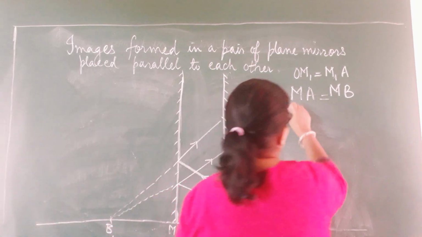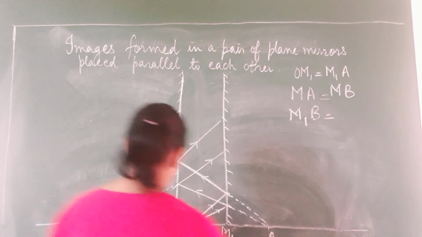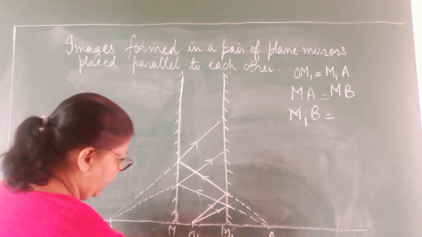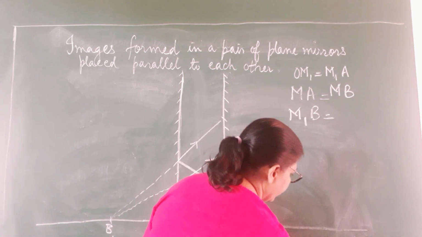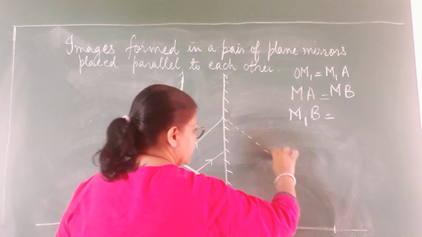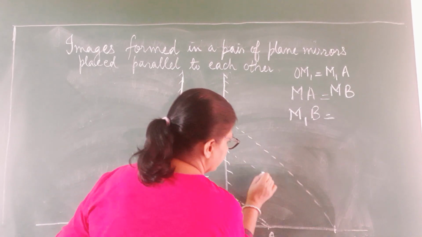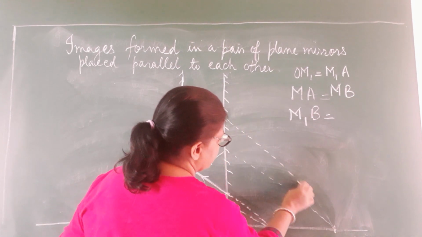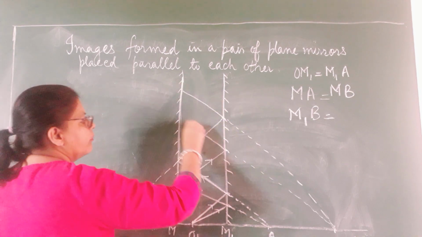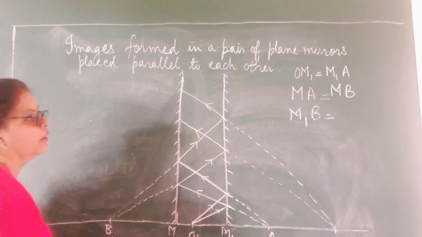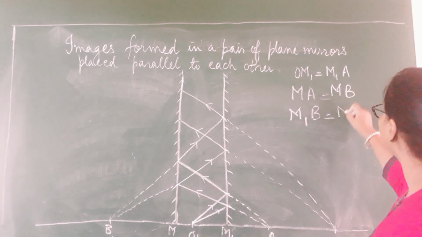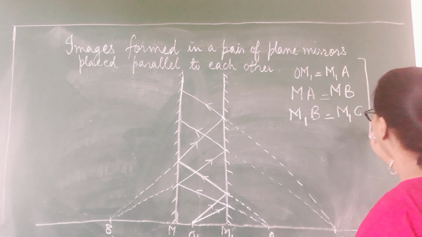M1B should be equal to, on the other side, I will take the same distance as M1B, I will measure and take a point here, and I will make these rays meet at this particular point, like this, children, and further I am going to extend them like this. So M1B should be equal to M1C, and so on.